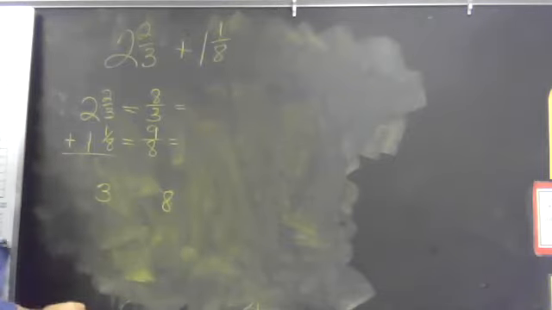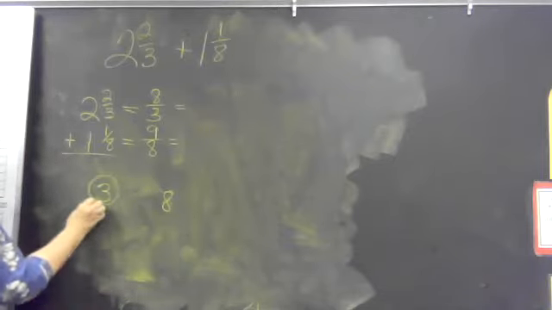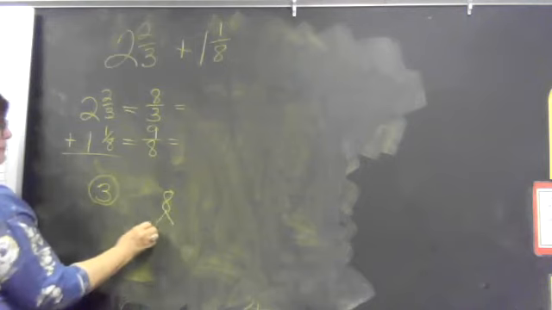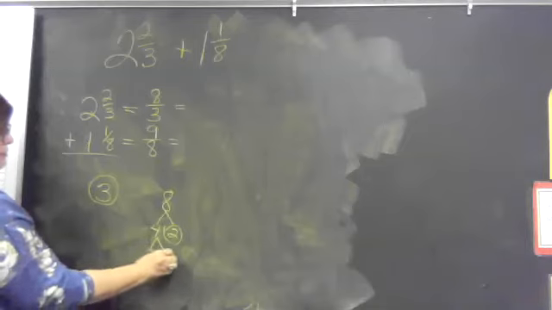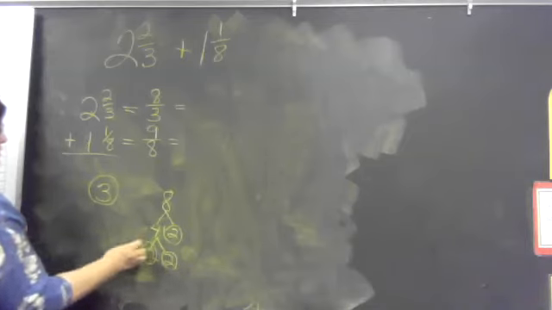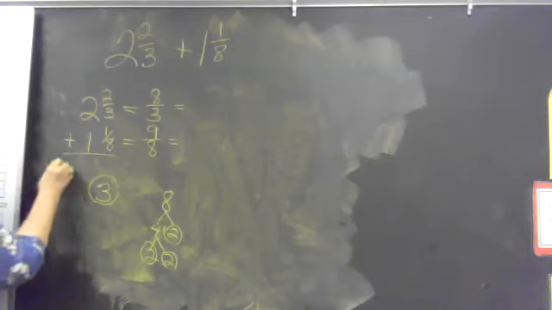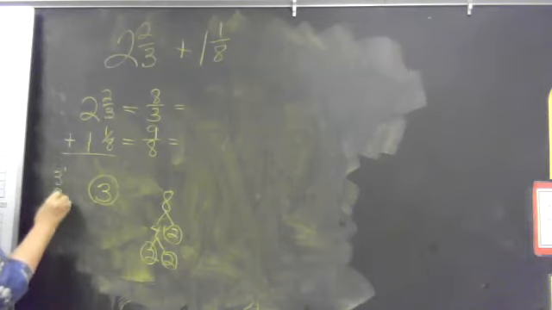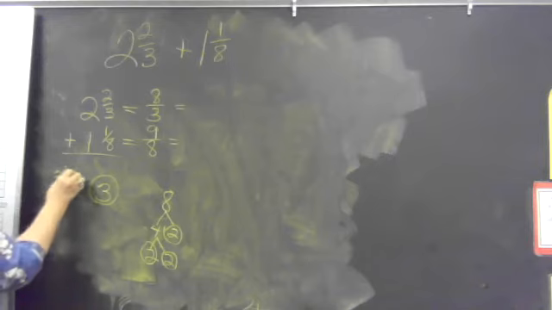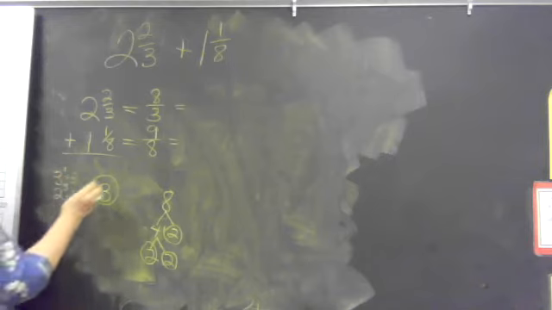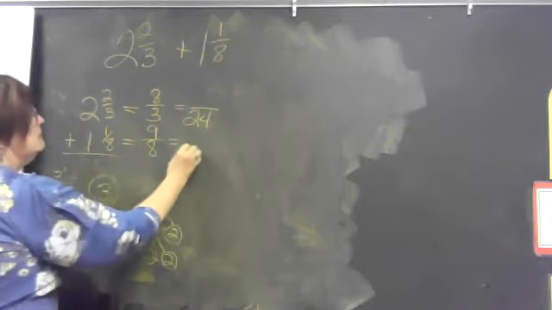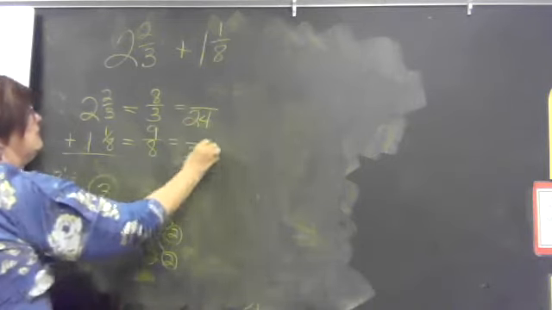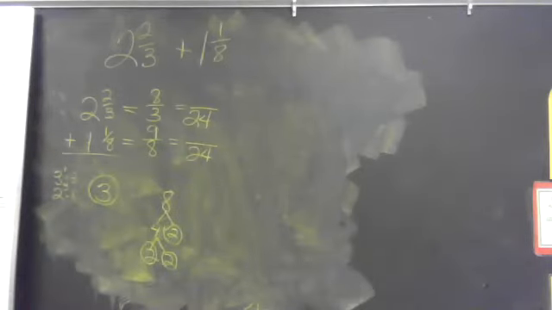Here's our 8. 3 is already prime. 4 times 2. 2 times 2. So we've got 1, 3, and 2 to the 3rd. That's 8, and this is 3 times 8. So we're going to have 24 is our common denominator.